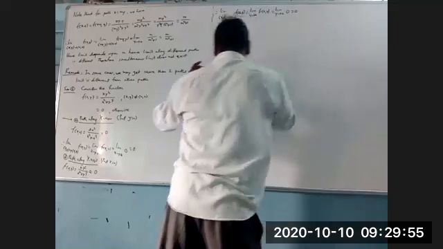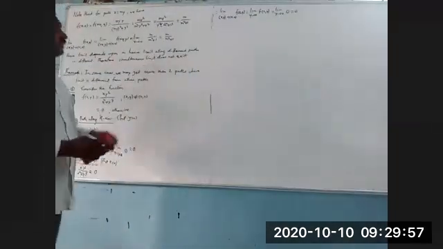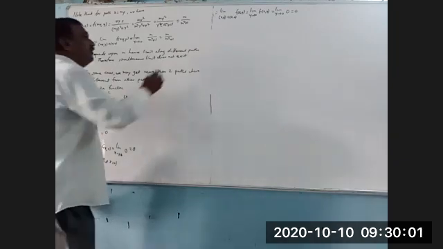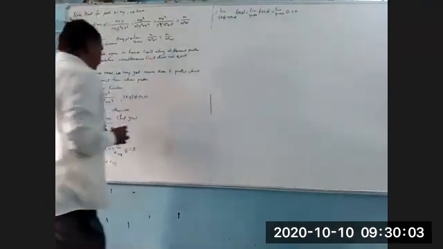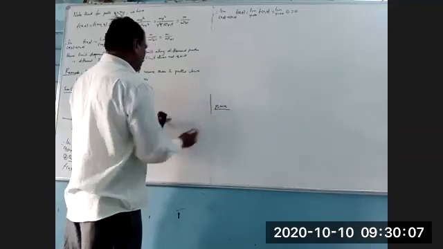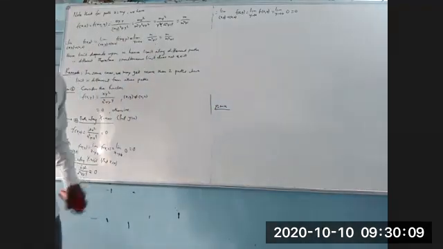Here, along these two paths, we have these two limits. Now, if we consider the path y equal to mx, what will happen? For the path y equal to mx, what will happen?